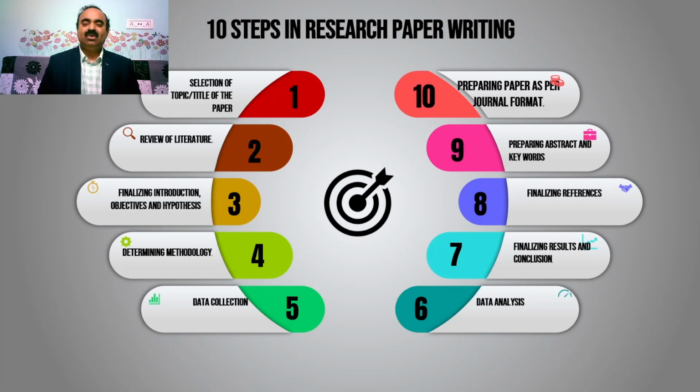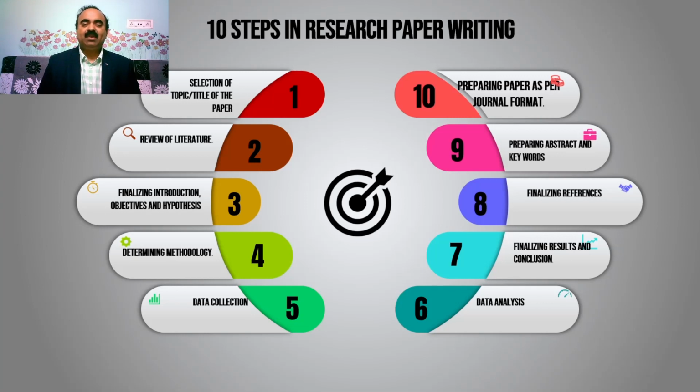You can also go through academia.edu in which you can find different research papers. You can also go through Google Scholar website. You can also go through different such websites.